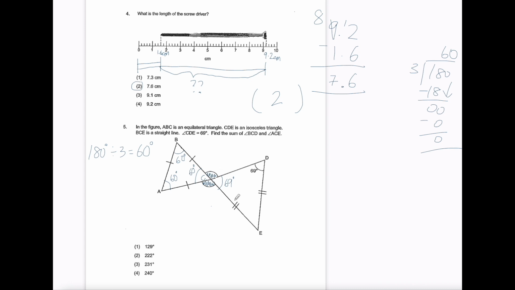We can just take angles at a point, which is 360 degrees, minus away 60 and 69. So if I minus away 60, I'm gonna get 300. 300 minus 69, I'm gonna get 231. Okay, so my answer is 3.